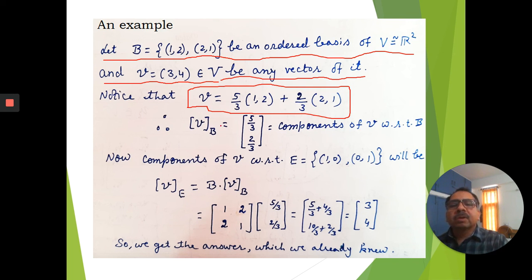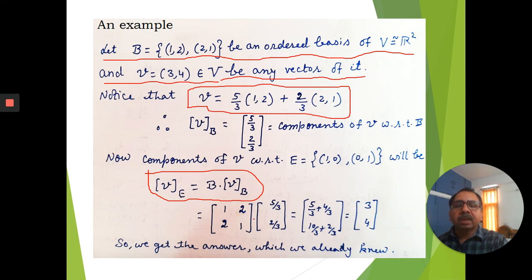So first we have VB; these are the components with respect to basis B. So use this formula: components of V with respect to the standard basis is VB multiplied by the matrix B. The matrix B is the set of vectors in columns: first column, first vector; second column, second vector.